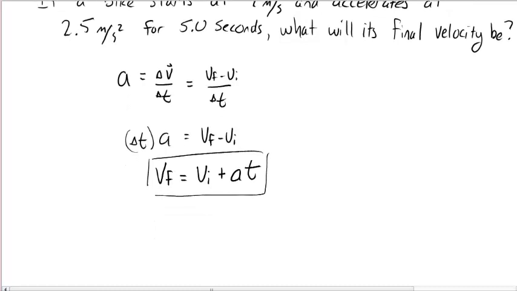So to find final velocity, we're going to use initial velocity plus acceleration times time. My final velocity will be my initial velocity, 9 meters per second, plus 2.5 meters per second squared times a time of 5 seconds.